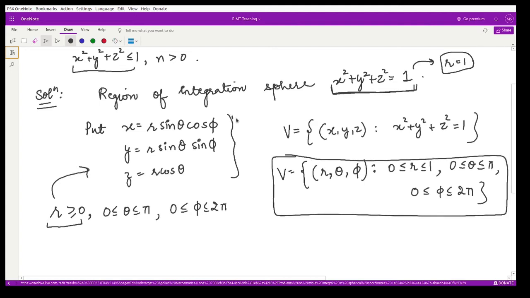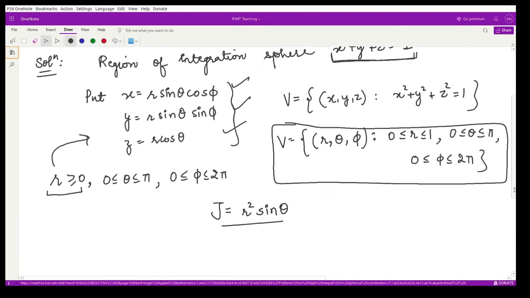So you now have the limits of integration. You now have the relationship between the spherical coordinates and the Cartesian coordinates, and moreover you also know the value of Jacobian. That is equal to r square sine theta in this particular case.